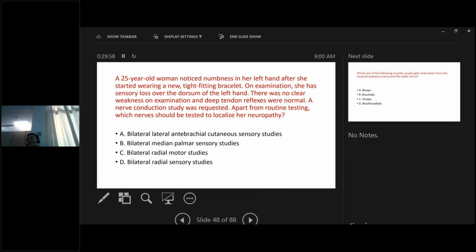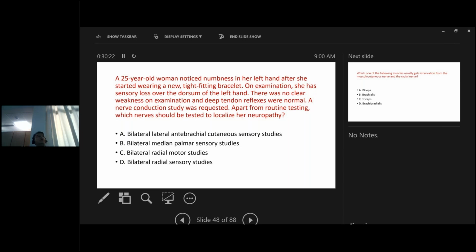The radial nerve. So, where can you compress the radial nerve without having any motor symptoms? And see, she was wearing a tight-fitting bracelet. And also sometimes in the past, when police cuff somebody, if it was very tight, it was causing compression to that nerve.